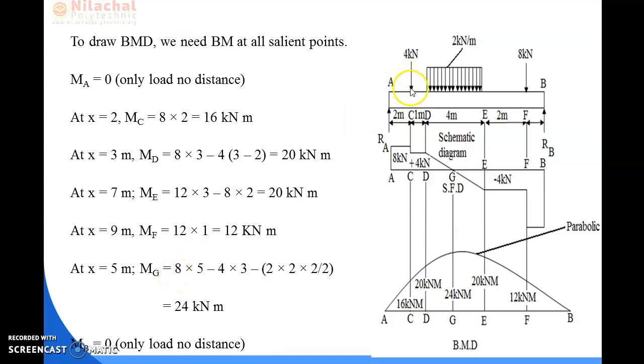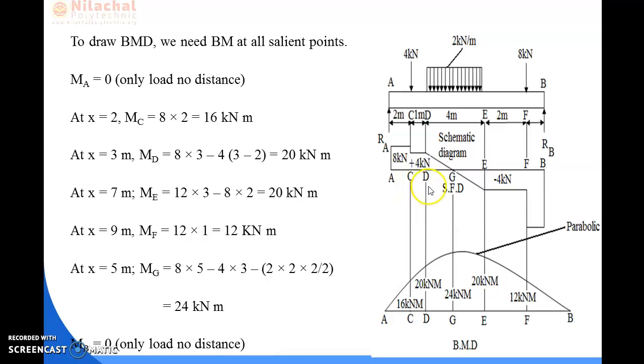Then we come to the point load of 4 kilonewton, and this point is denoted as C. The load is 4 kilonewton and the distance from C to G is 3 meter.